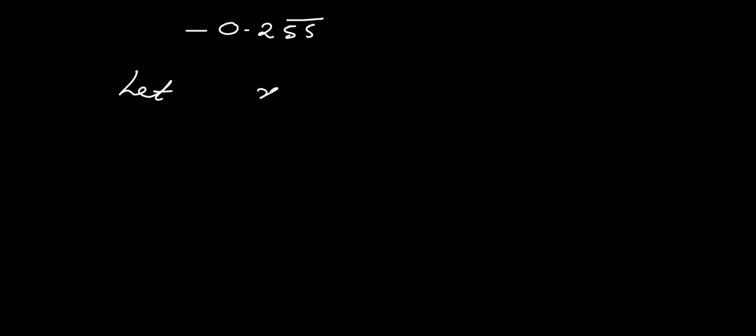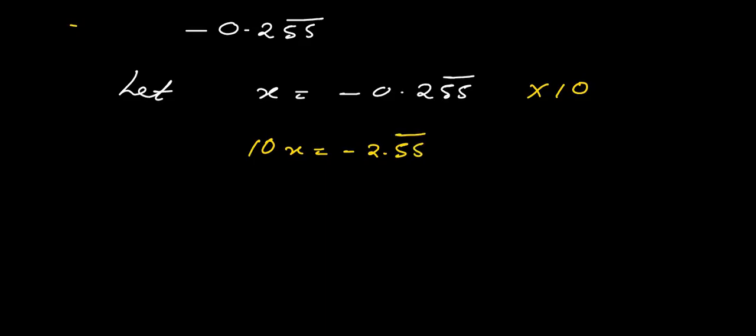We let x be equal to negative 0.255 with a bar. It's the same thing, just factorize the negative out. We need to only have the repeating digits alone after the point. We have a 2, which is not under the bar, so we have to move it this side. Multiply this by 10. That's going to be 10x is equal to negative 2.55 bar.